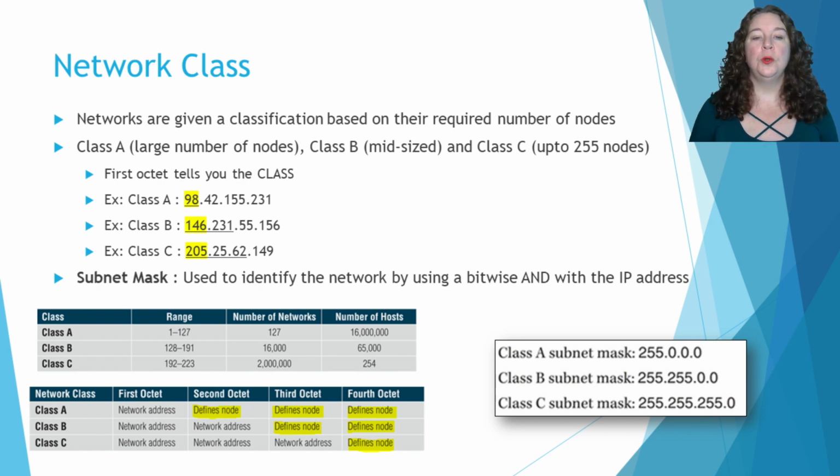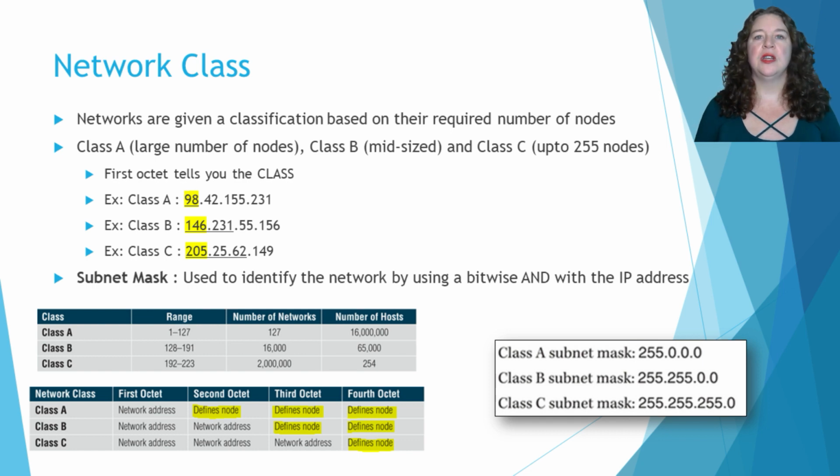There can be 2 million possible networks in a class C network. These can be public IP addresses that are available as a class C network because there's only 254 possible hosts or nodes that are available for those networks because we're only using the last octet, those 255. And again, we don't use the 0, and we'll talk about that in a minute. So 254 possible hosts in a class C network.